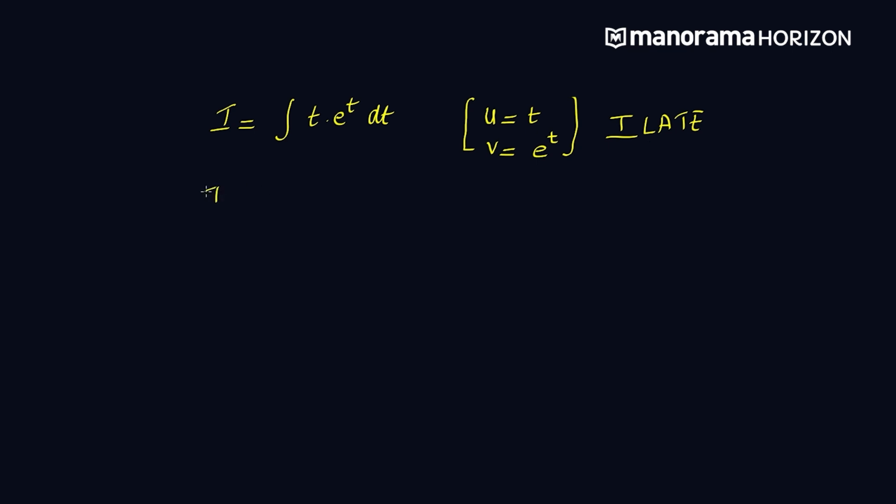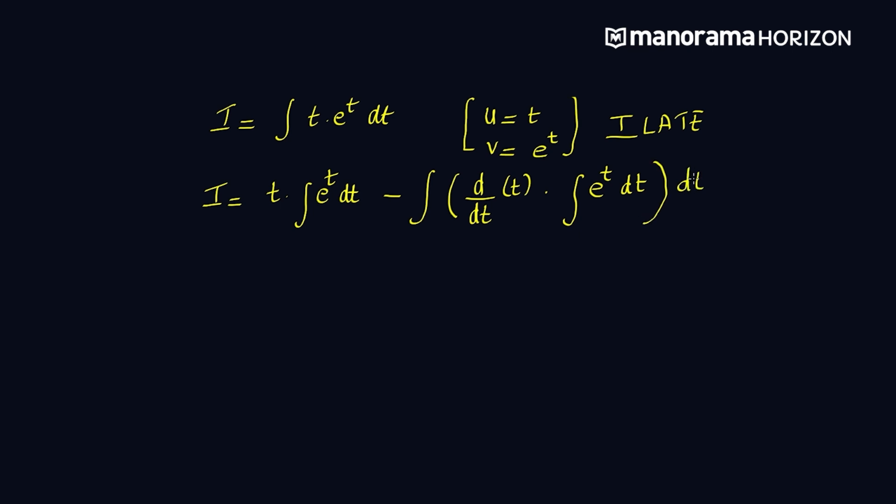So, now integrating, I is equal to t into integral e raised to t dt minus integral of derivative of the first function, that is d by dt of t, into integral of the second function, that is integral e raised to t dt, the whole dt.